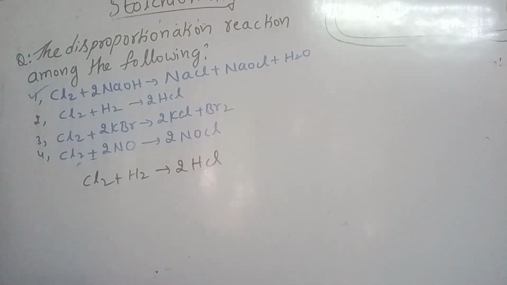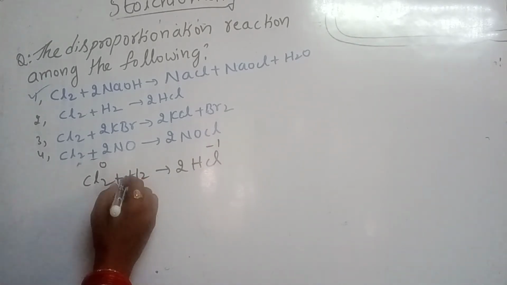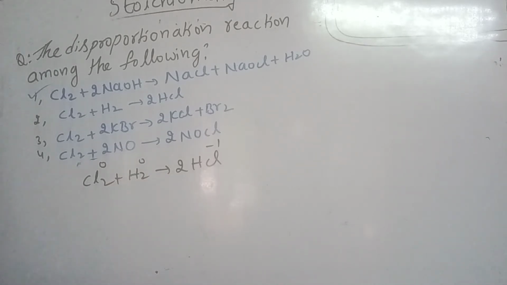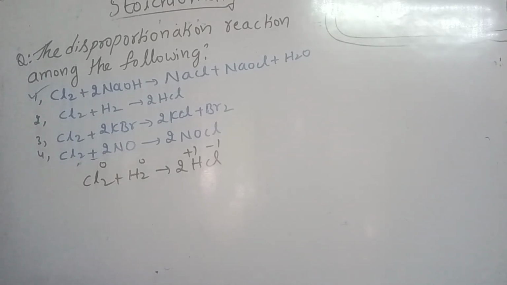Here in Cl2 the oxidation state is 0, molecular state, but here it is -1. Here H2 is in molecular state, 0, and here +1.